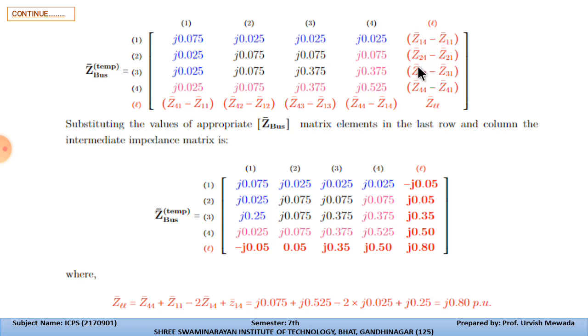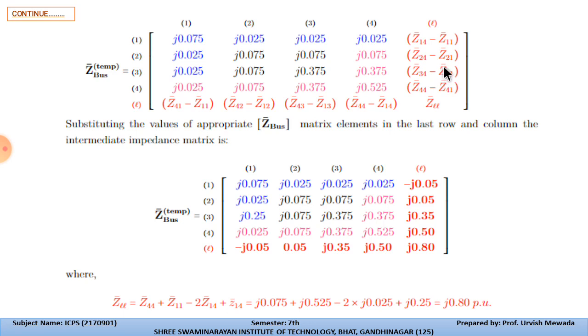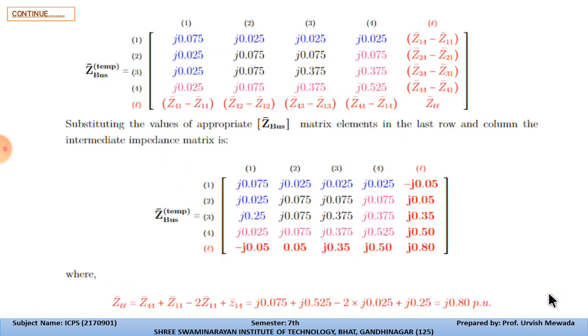So Z24 minus Z21. Now for the third element of the column, which is Z34 minus Z31.